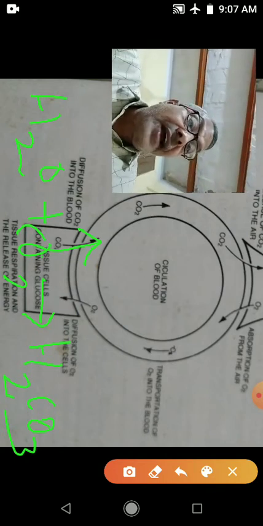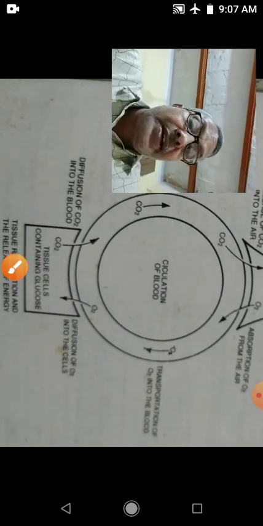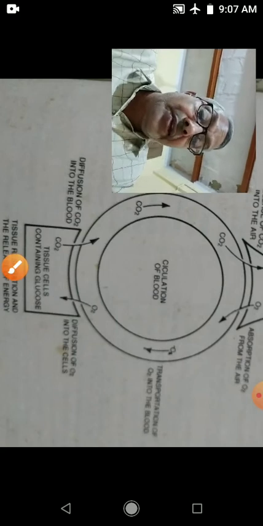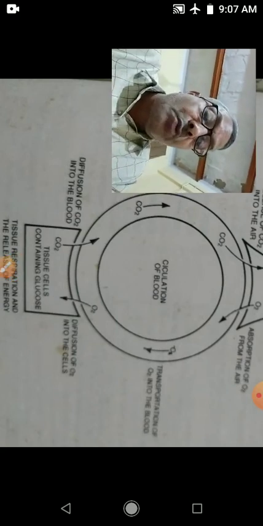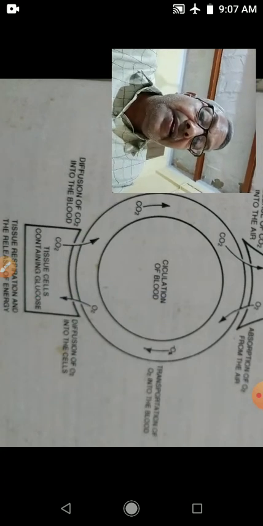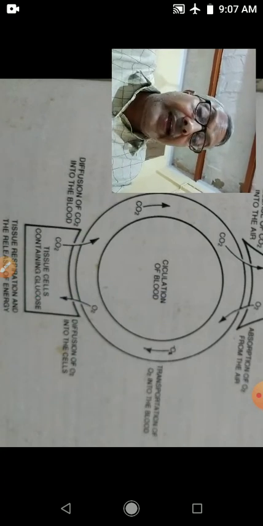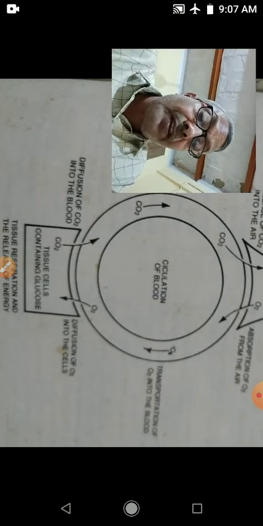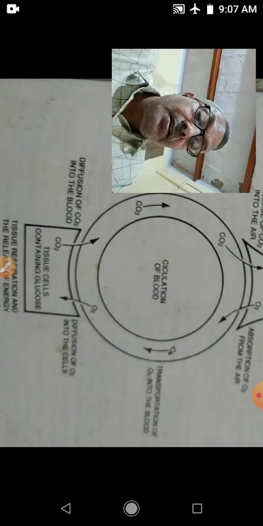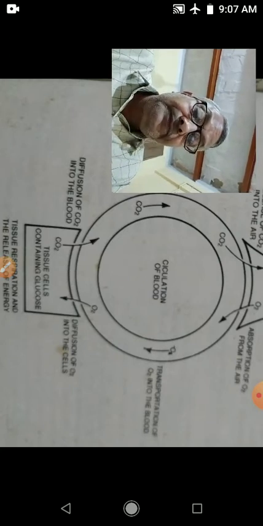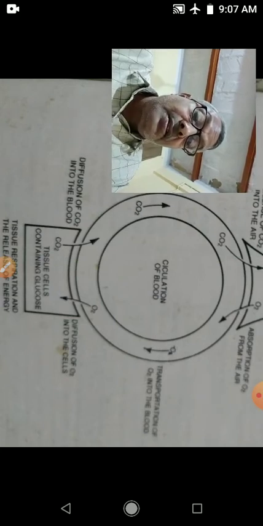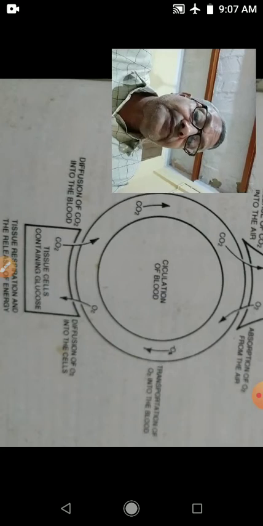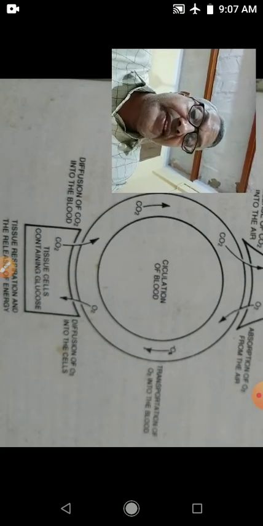Next is carbon dioxide is transported as bicarbonate. 5 to 10% of total amount of carbon dioxide is transported as carbonic acid, and in the normal course, formation of carbonic acid is a slow process.